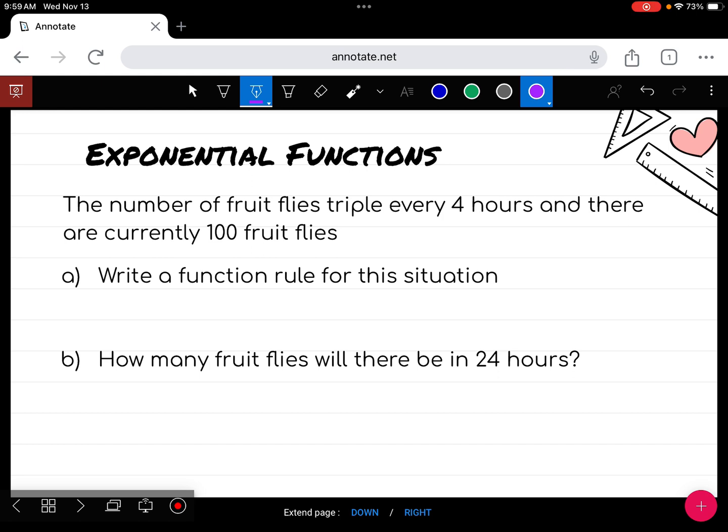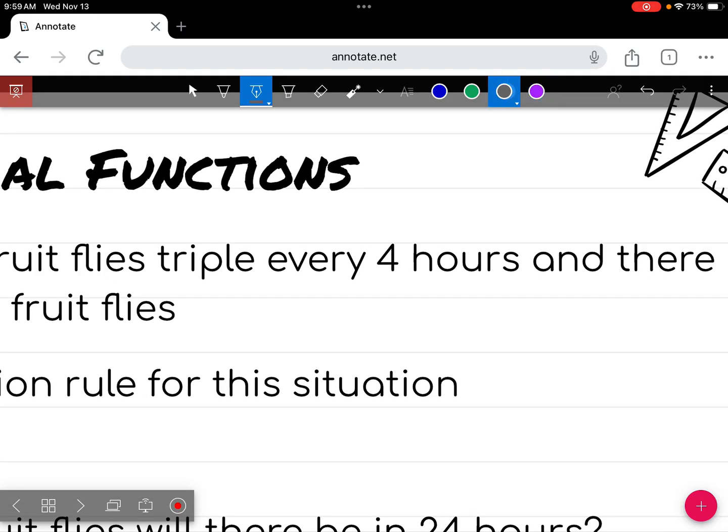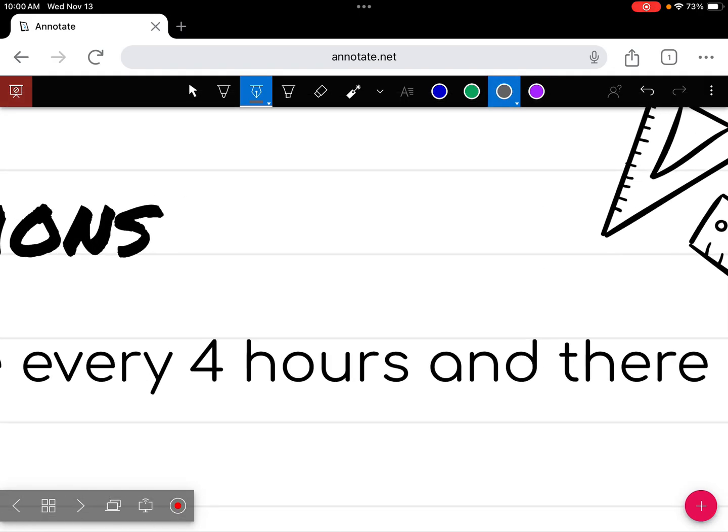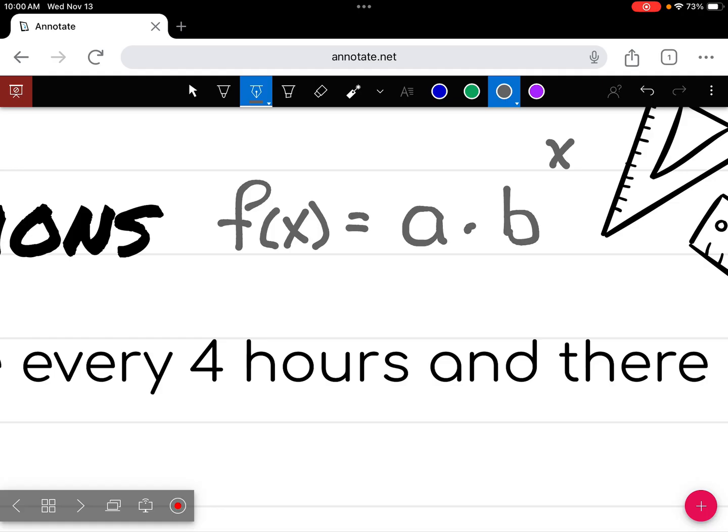If the number of fruit flies triples every 4 hours, and we currently have 100 fruit flies. That's the context of our situation we're going to work with here. And we're going to write an equation using our most basic of basic forms, with our a times b to the x. Those are the pieces we're going to look at here.